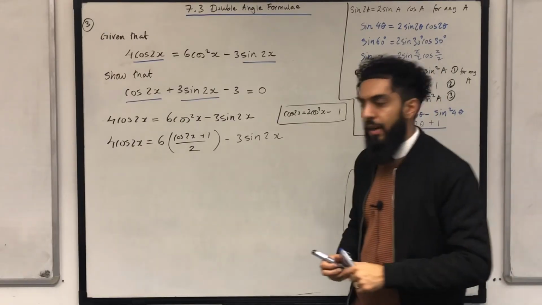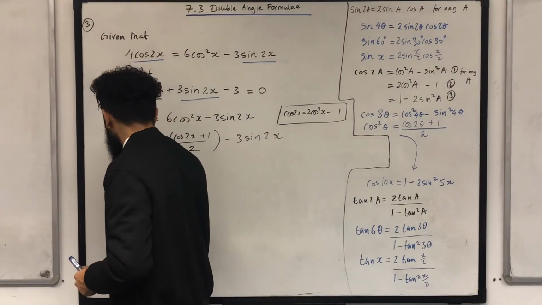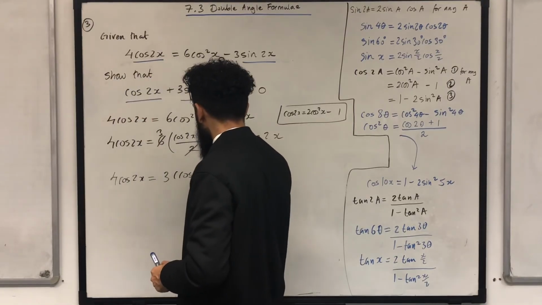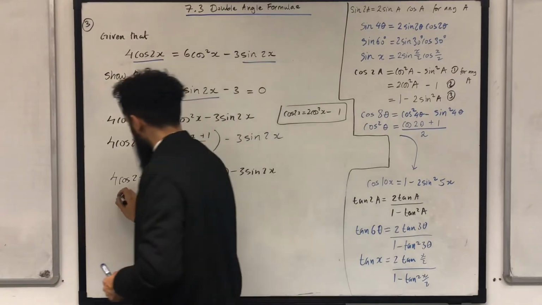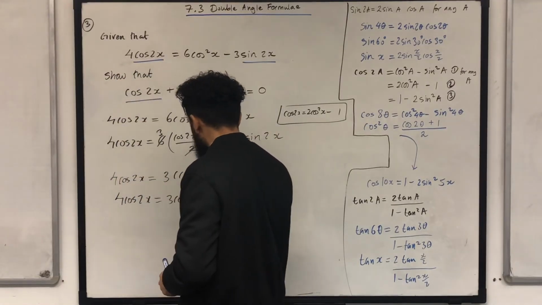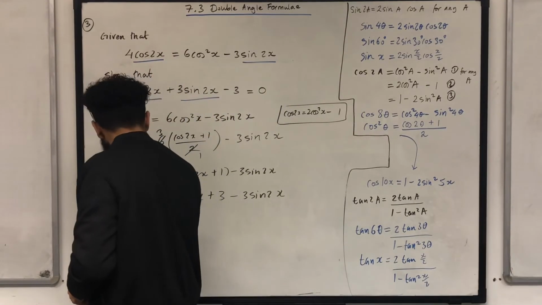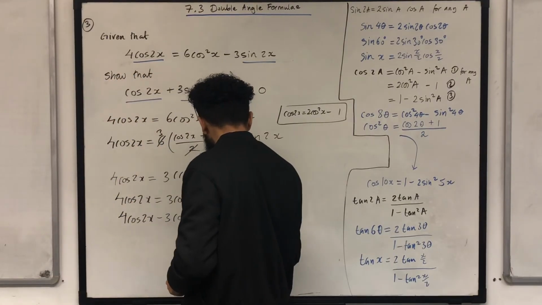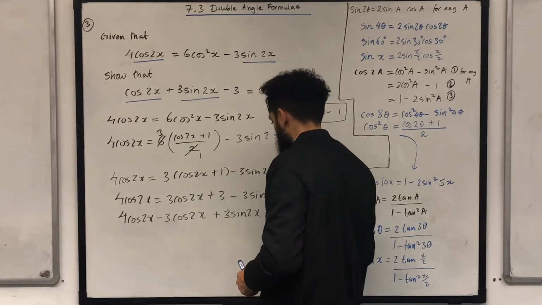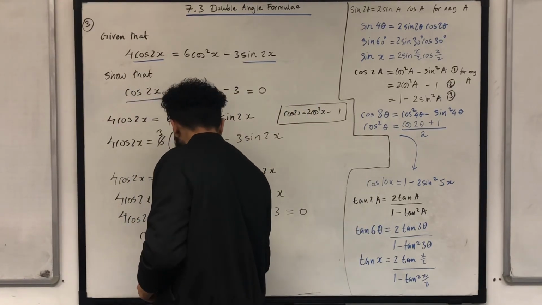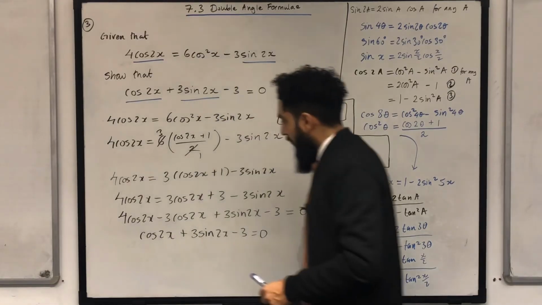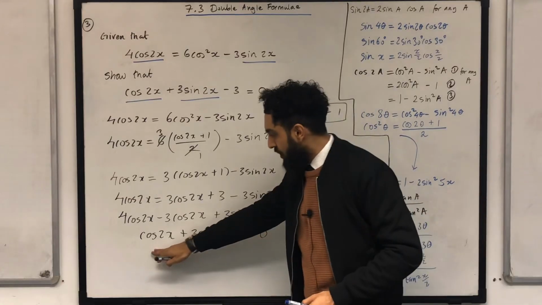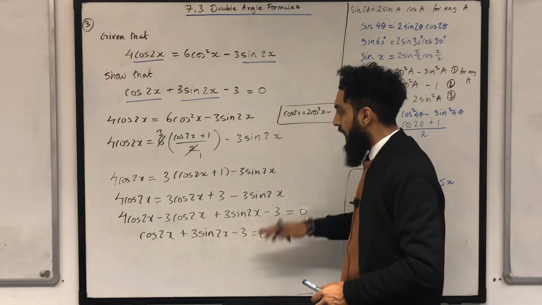So I'm going to quickly do that. And there you have it. I've got the equation that I needed. Cos 2x plus 3 sine 2x minus 3 equal to 0.